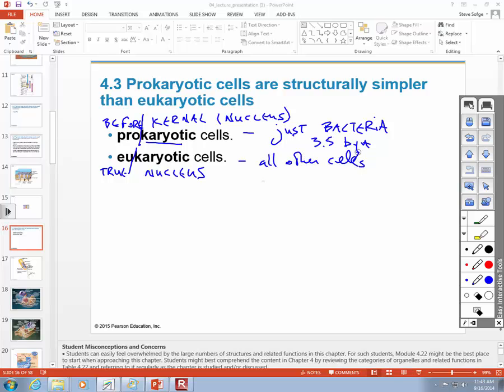And who is that? Well, that would be plant, animal, fungus, protist, like a paramecium. So that's all the other cells on the planet.